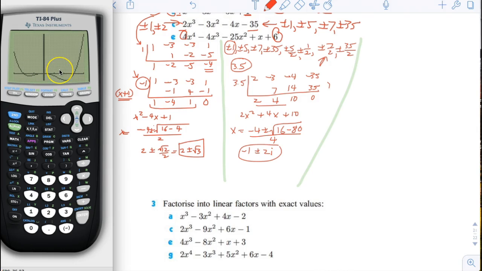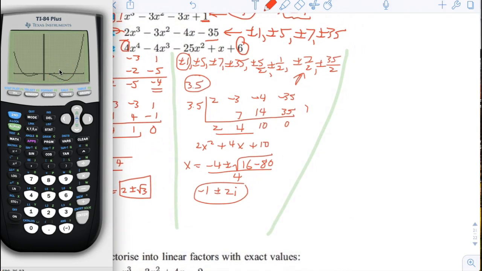So let's use synthetic division and find the last polynomial. We're going to divide by -2. -2 is the root we're going to divide by, and we got 4, -4, -25, 1, and 6.